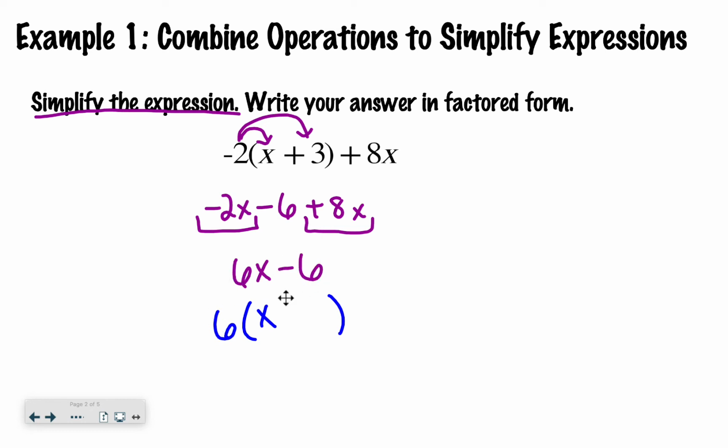What is -6 divided by 6? That would be a -1. So my final answer in factored form would be 6 parentheses x minus 1 parentheses. That's my factored form. Okay, so the purple is simplifying the expression and blue is our factoring.